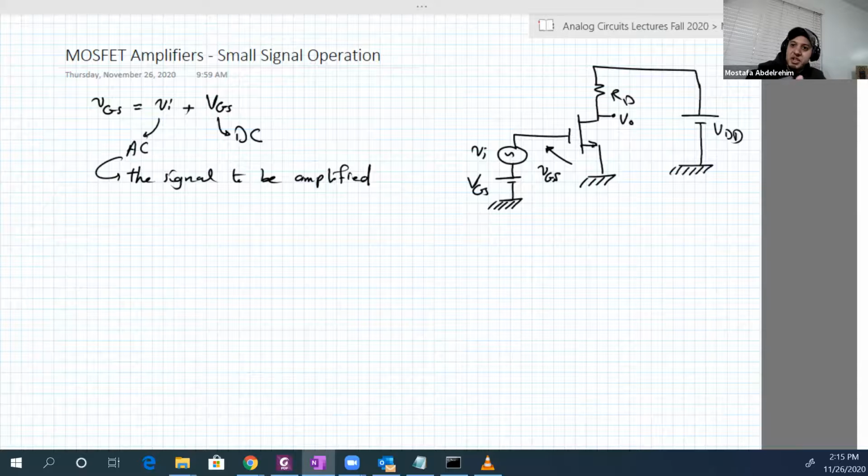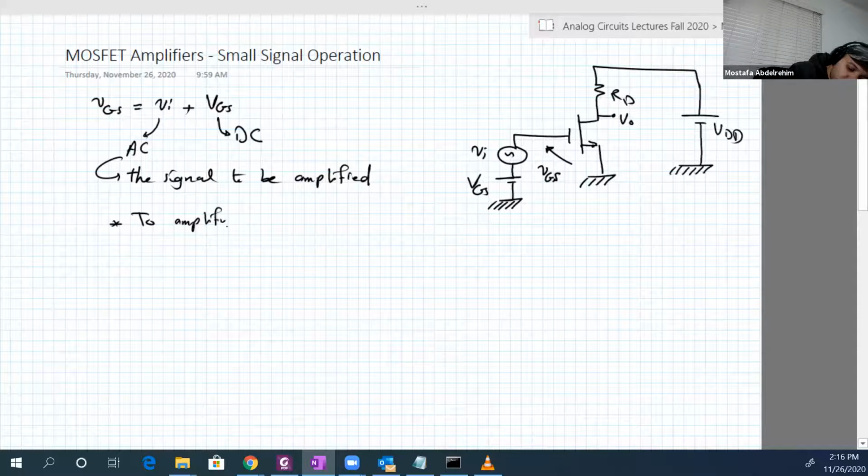So two observations here. Number one, since we want to use the transistor as an amplifier, we are working in the saturation region. So to amplify, we must work in the saturation region.